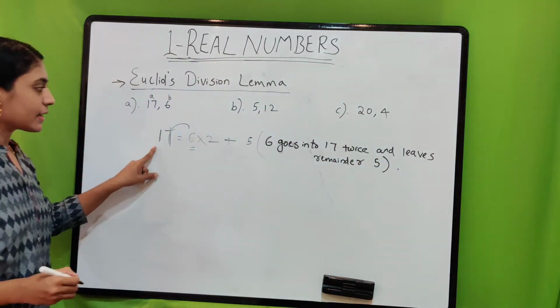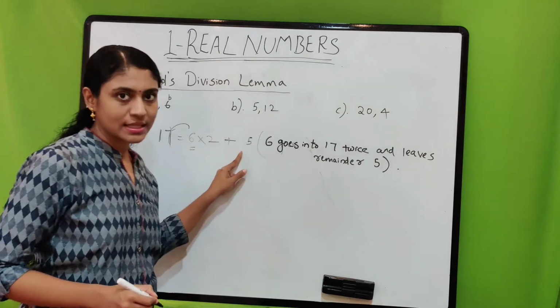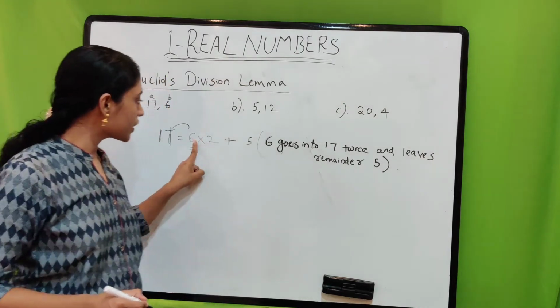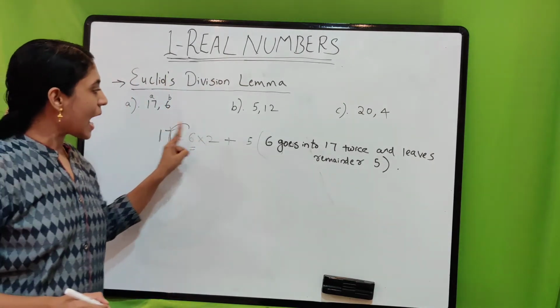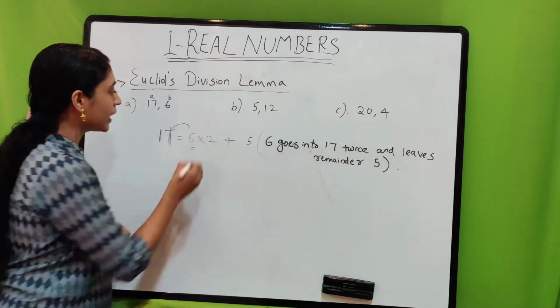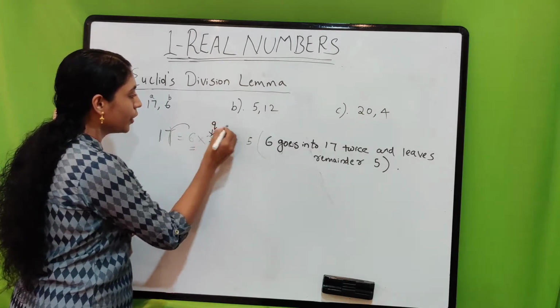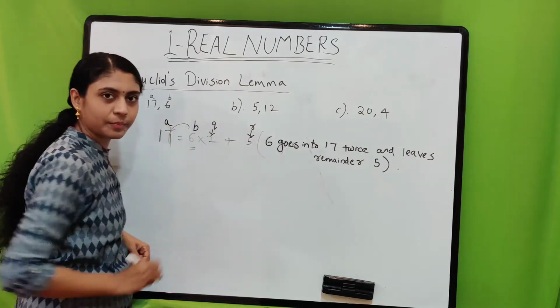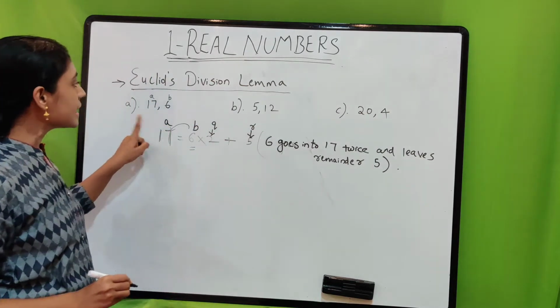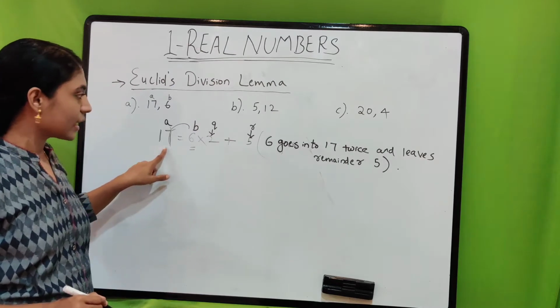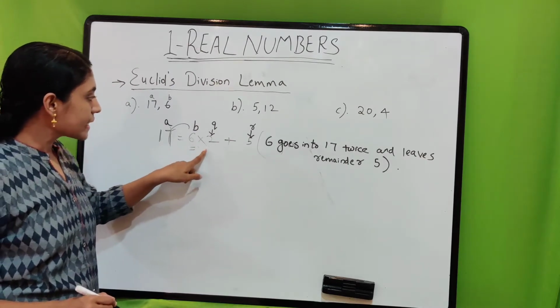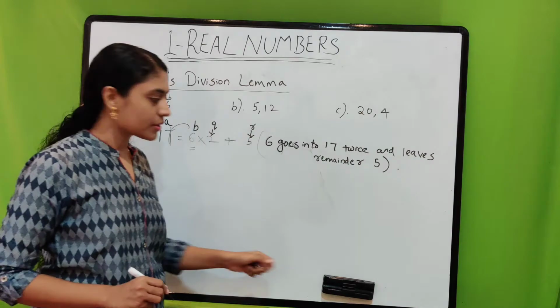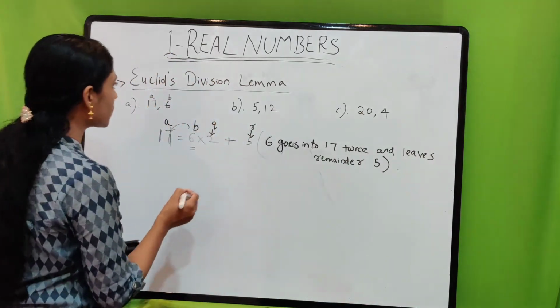Understood? So 17 is equal to 6 into 2 plus 5. This means 6 goes into 17 twice and leaves remainder 5. Here this is the quotient Q and this is the remainder R, and here it is A and this is B. So 17, 6 can be written as 17, the larger number, equal to 6 into 2 plus 5. Understood? Now we can consider the next one.